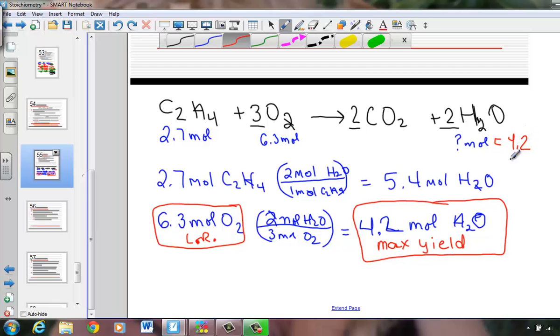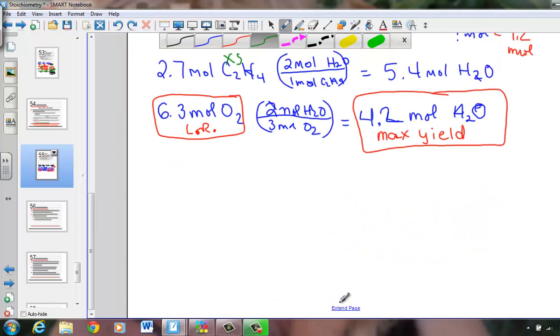So how much excess remains unused? Well, I clearly see that the excess reagent was the initial ethene, C2H4. What we'd like to know is, of the 2.7 moles we started with, how much was used so I can see how much was left remaining. So the next journey starts with the limiting reagent. Always. Everything's determined by the limiting reagent.